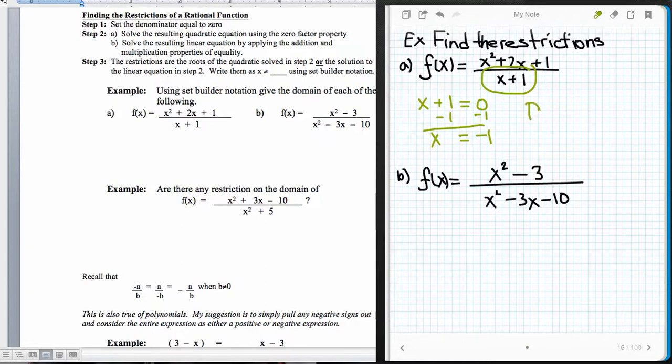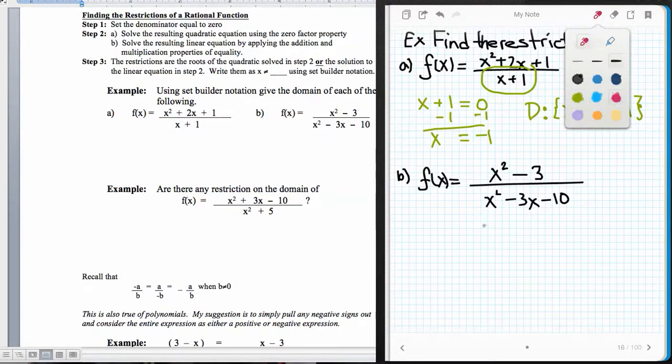Therefore, my domain of this rational expression, remember we a lot of times will write domains as D with a colon and then say that my x is such that x doesn't equal negative 1. And that is what my domain is. All real numbers except for negative 1 is essentially what that says.